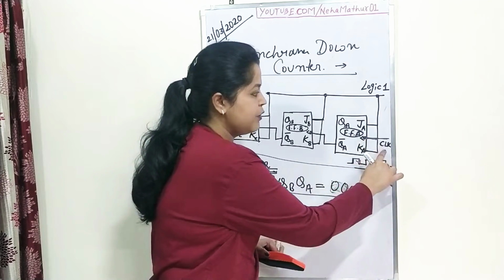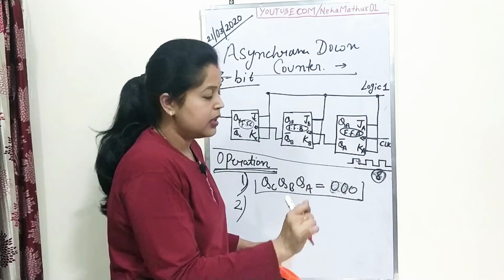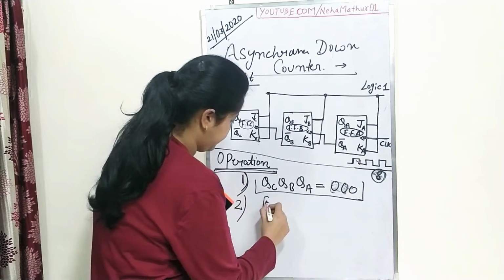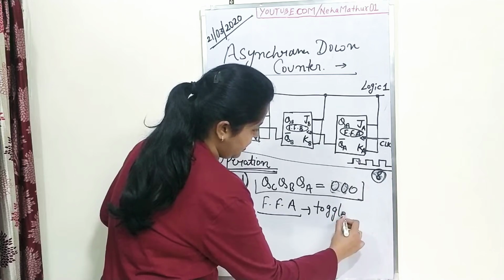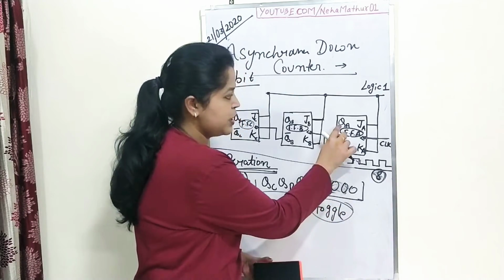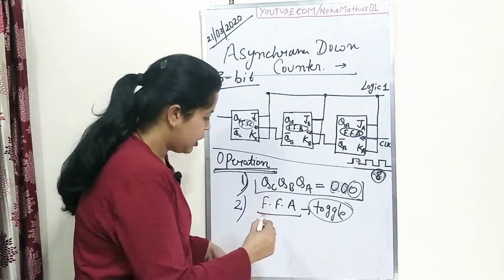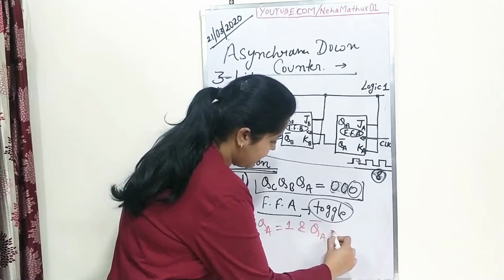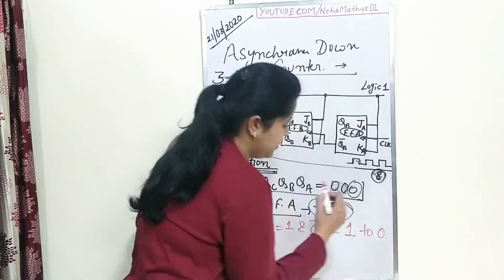So as the negative pulse is applied, flip-flop A starts to toggle. As per the concept of toggling, if the output of the flip-flop, QA, was initially 0, because of the toggle QA becomes 1 and QA bar changes state from 1 to 0.